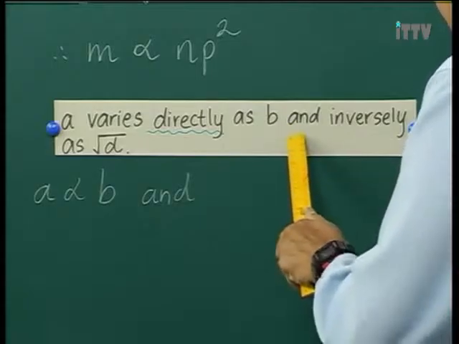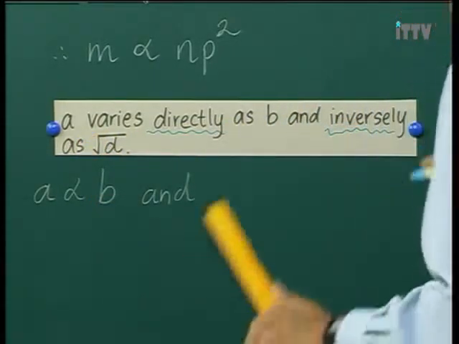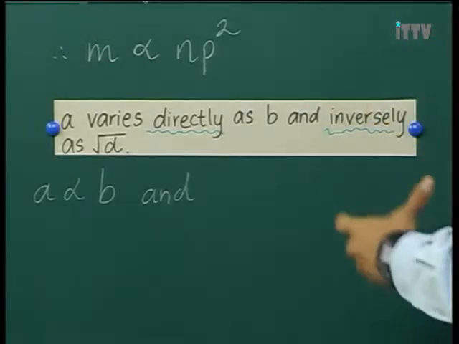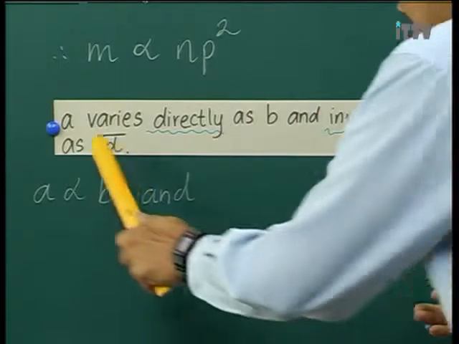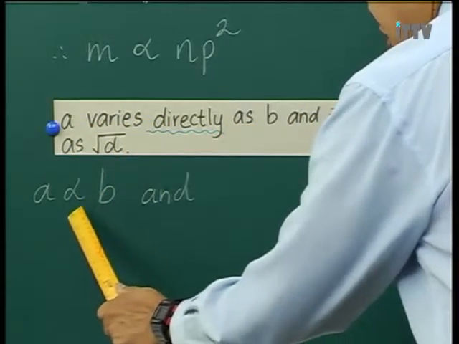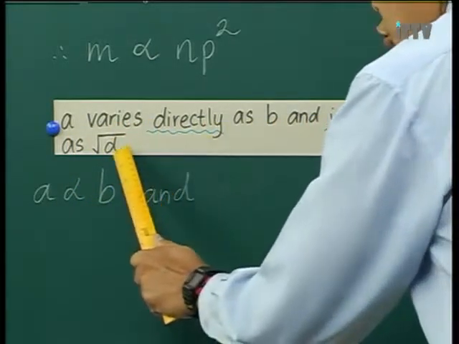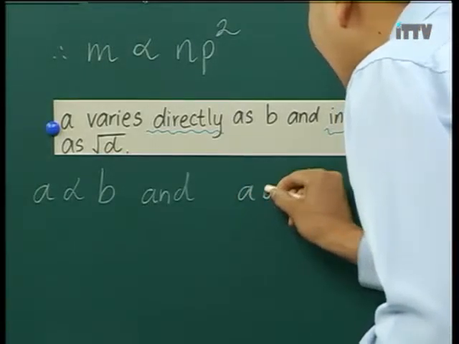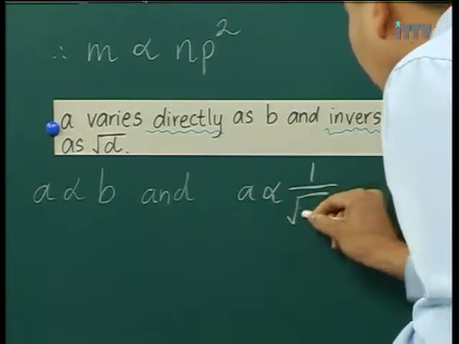A varies inversely as the square root of D. Notice that there are two different variations here as compared to the earlier ones, which were just combinations of the same type of variation. So A varies inversely, you must always put 1 over square root of D.